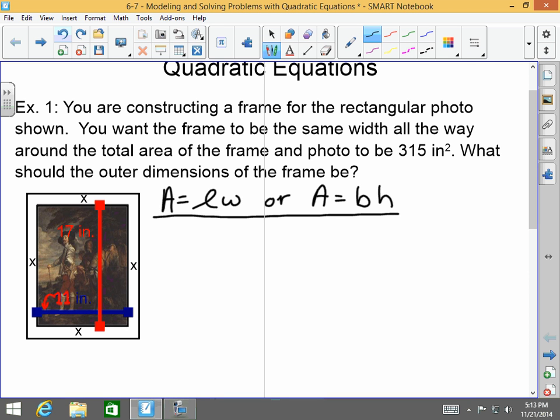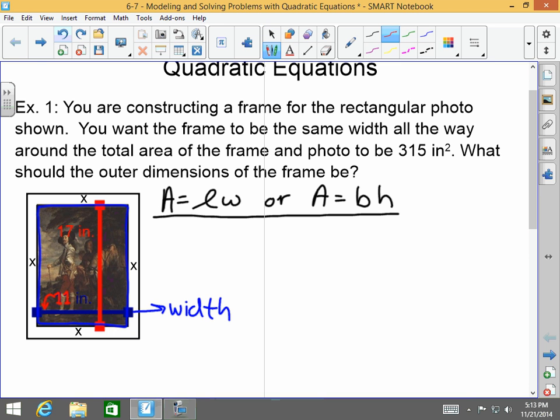Okay? All right. So when we're looking at this, we can see clearly that the width, which is in blue here, the width of the actual painting itself is 11 inches.